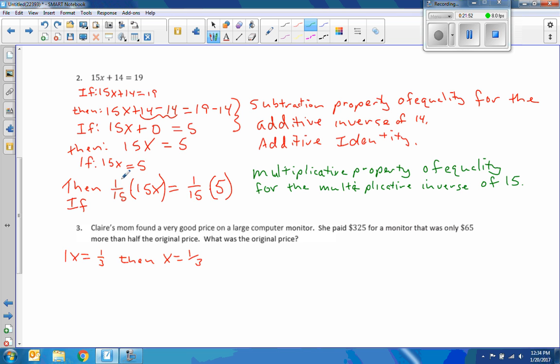Okay, multiplicative inverse of 15 is 1/15. Okay, and then we get down to here, 1x equals 1/3, then x equals 1/3. That is the multiplicative identity. Okay, so the additive identity is 0. The multiplicative identity is 1.